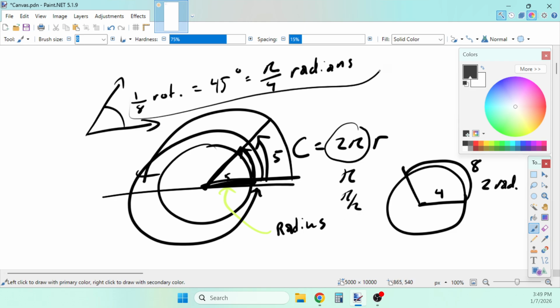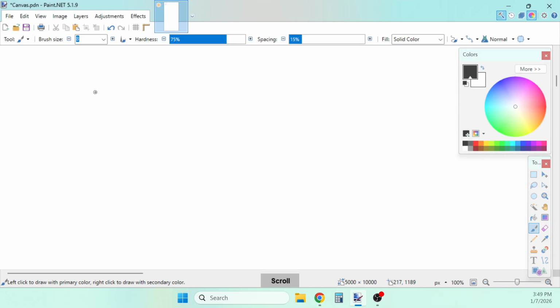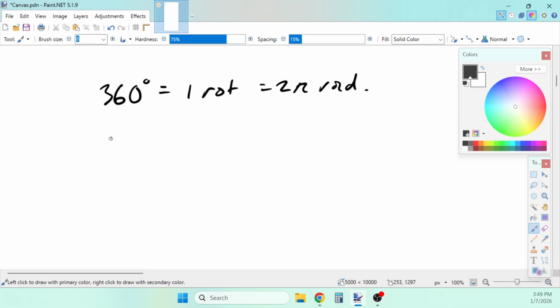So we have this ability to convert, where 360 degrees equals 1 rotation, which equals 2 pi radians. That means that 180 degrees is equal to pi radians.